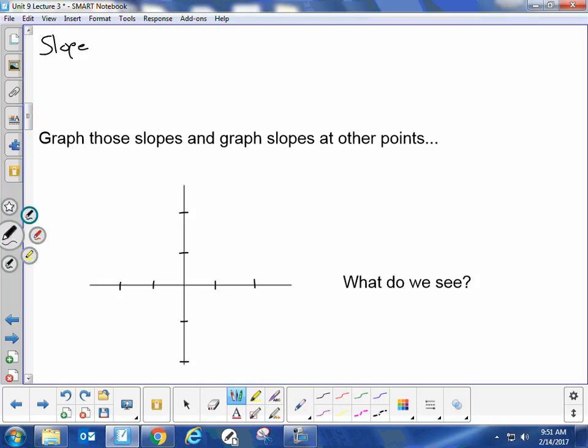Slope fields is a visual representation of the differential equation that will help us understand what potential solutions look like. I'm going to type that.